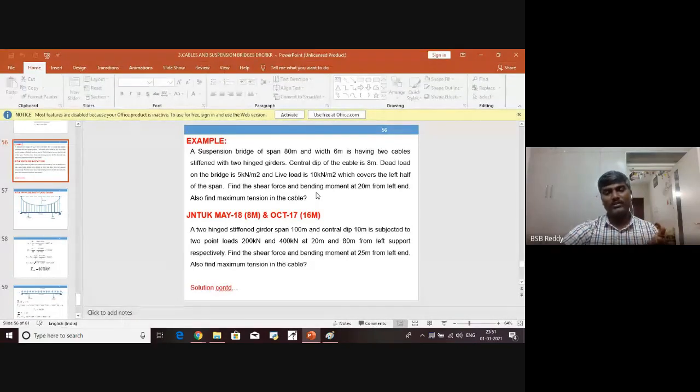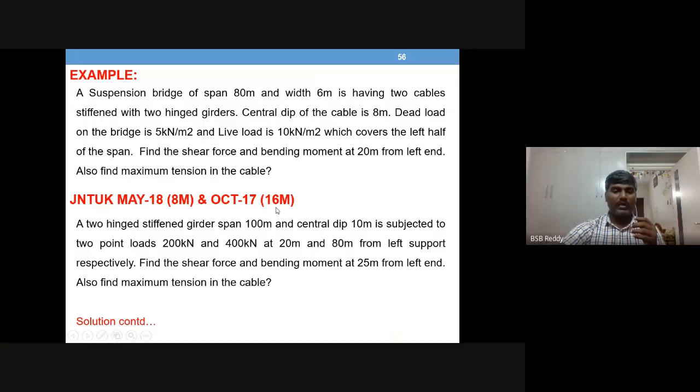Whenever the width of the carriageway is given, it means you will be using two cables, one at one end and another at the other end. So the full bridge is given to you.